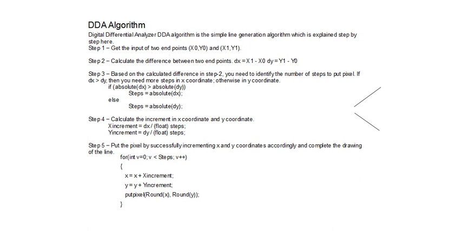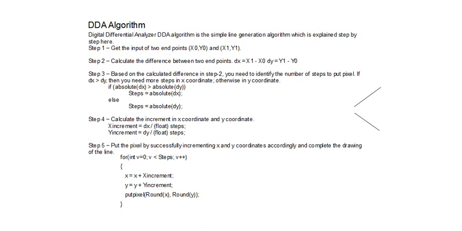If right to left, then obviously the first point x0 will have more value in comparison to x1. So we will take absolute. If absolute of dx is greater than absolute of dy, then steps is equal to absolute of dx, otherwise steps is equal to absolute of dy.